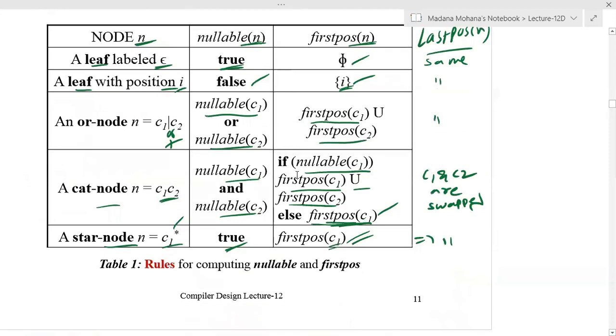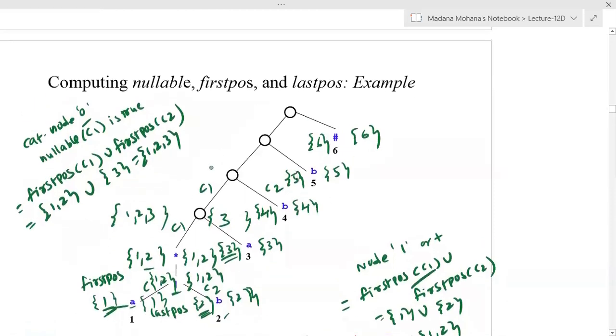If C1 is not nullable, then you can take the same values. For C1, the first position is this one, you will take 1, 2, 3. Then the right one is also not nullable. So now we will consider the first position of this node, that is 4. Then similarly, this is also the next node. The left child C1 is not nullable.